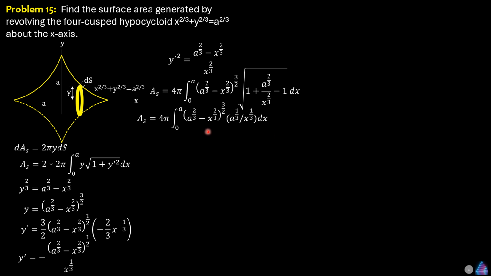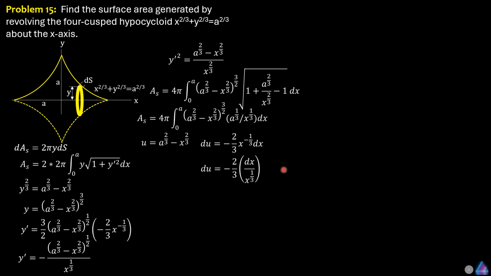If we put u to be a to the 2/3 minus x to the 2/3, the differential would be negative 2/3 x to the negative 1/3 dx, and du is also negative 2/3 times dx over x to the 1/3, and we can find here dx over x to the 1/3, which is this part. We don't have negative 2/3, but we can introduce this into the integral so that we can evaluate the integrand.